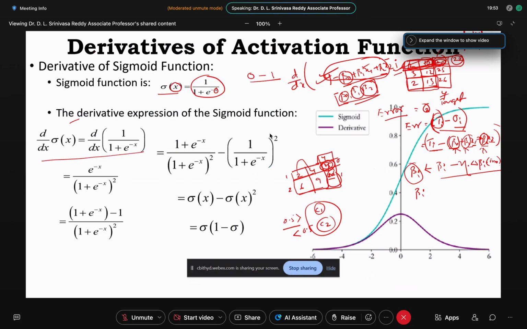And when you talk about NLP related models like BERT models or ChatGPT 4.5, these models use almost hundreds of billions of parameters in the training phase. Those billions of parameters need to be updated at each iteration. For that purpose, what do we require? The updation is nothing but the derivative of something.